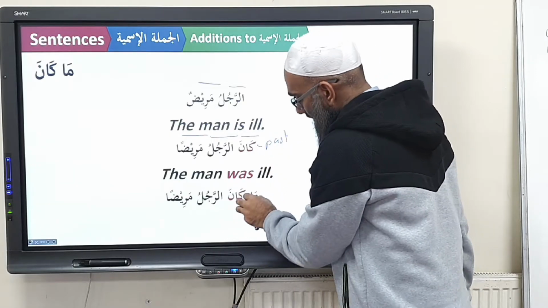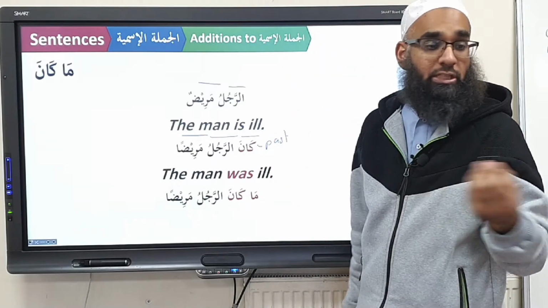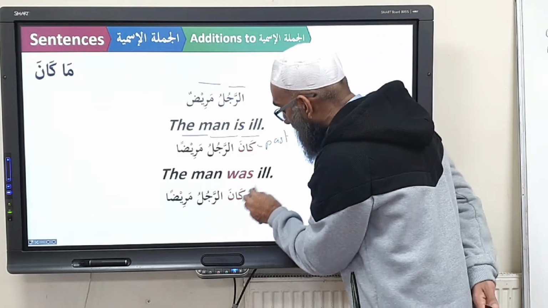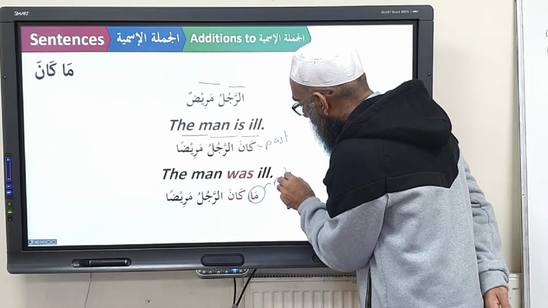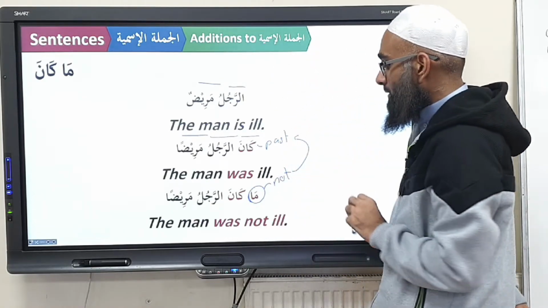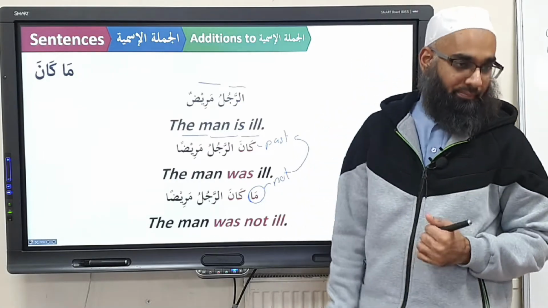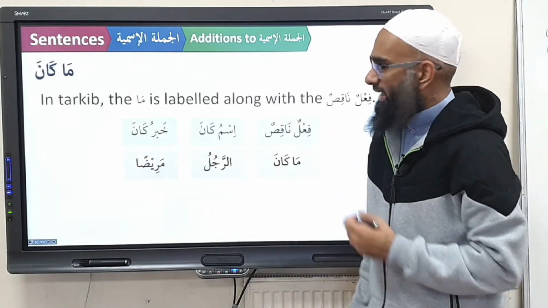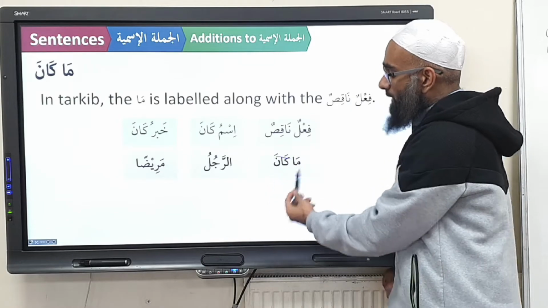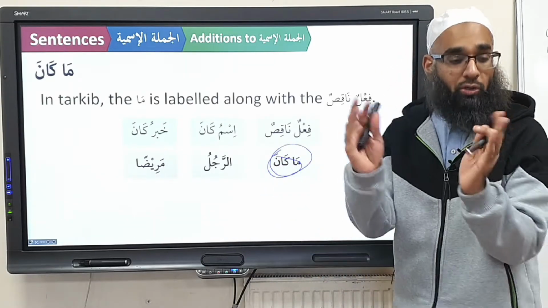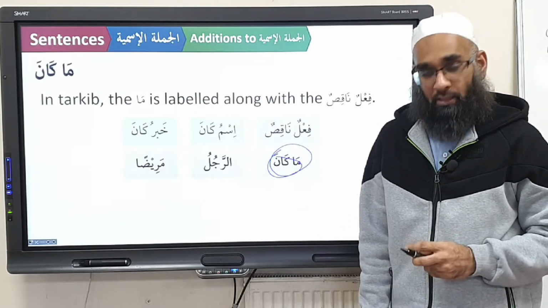And in here, the ma is not amil. It doesn't cause any change to the word after it, but it gives a meaning of not. So not plus the past: the man was not ill. You got it? And in tarkeeb, you just put the ma kana together as fa'l naqis in one box, one slot. Are you with me?